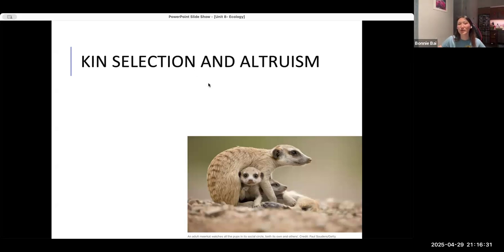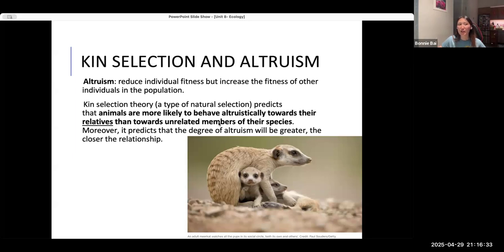Kin selection and altruism. Altruism, sacrificing yourself for the others, is not great for your own survival and reproduction, but within a population, your genes, let's say even people, right? People share similar genes in the same population. So even if your gene doesn't get passed on, maybe your cousin's gene gets to pass on to the next generation.